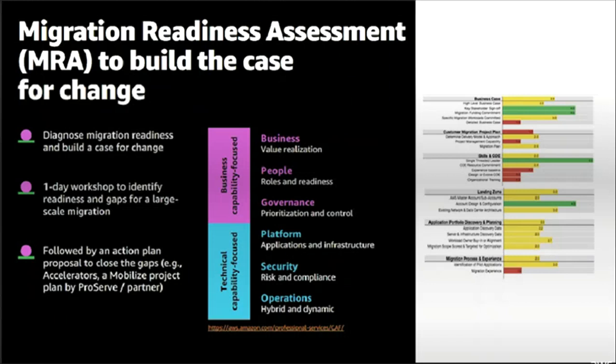They assess the readiness of the team. Are we ready in terms of business? Is the team ready in terms of roles and responsibilities? How about governance and policies, are they put in place? How do we define the prioritization of the different projects, and how are we going to control and do risk management?